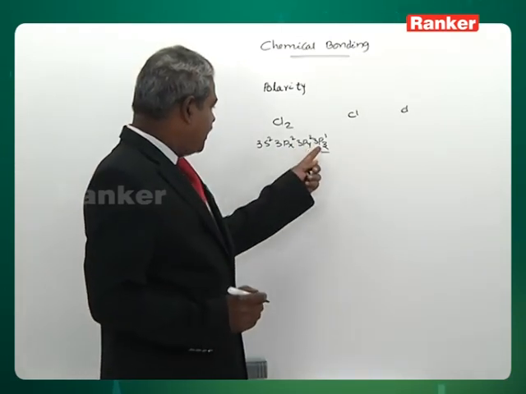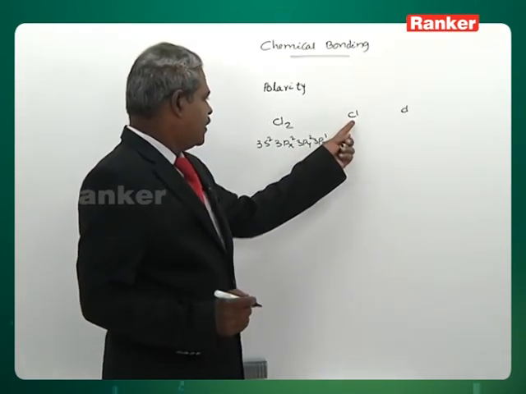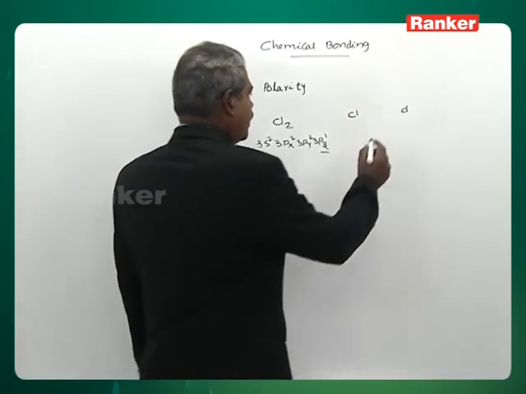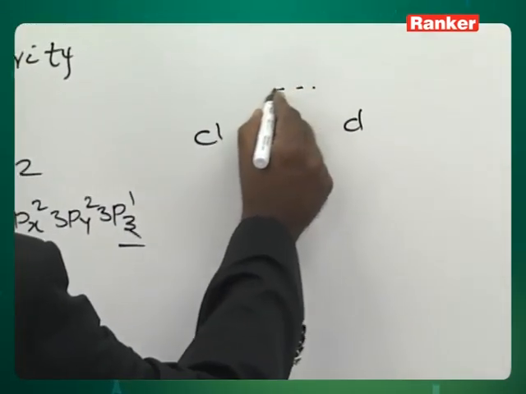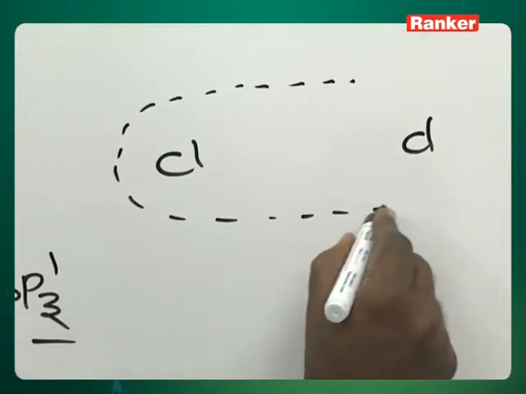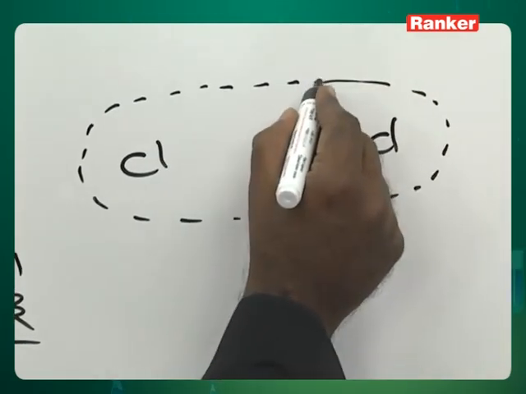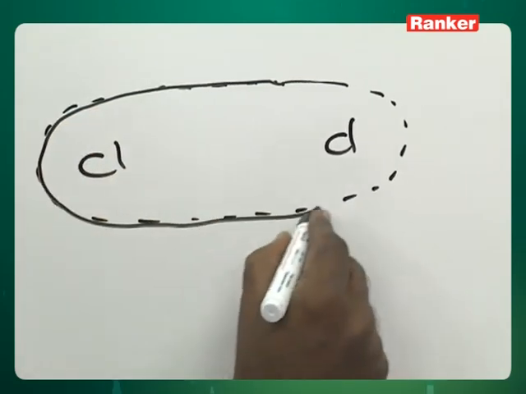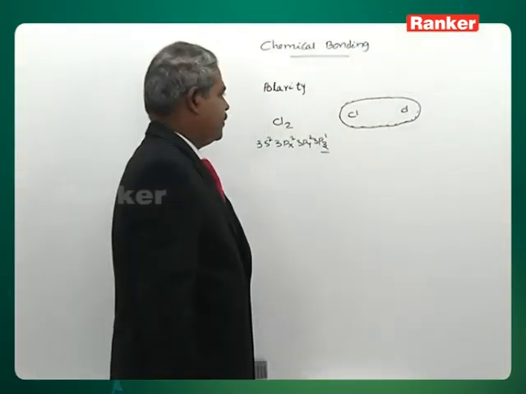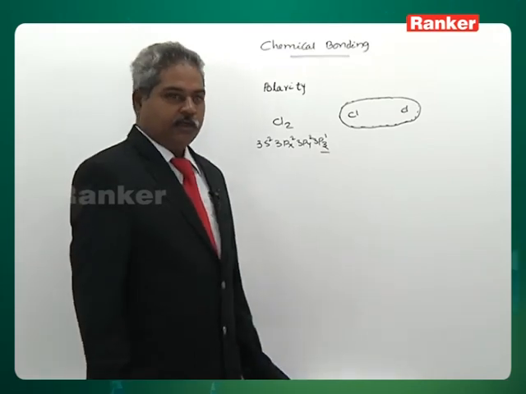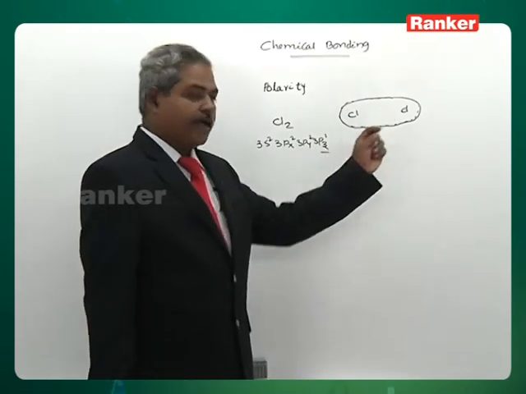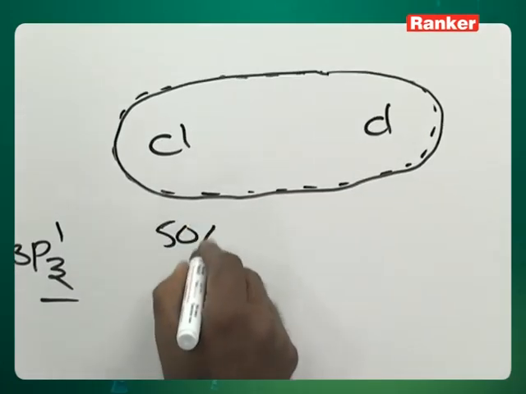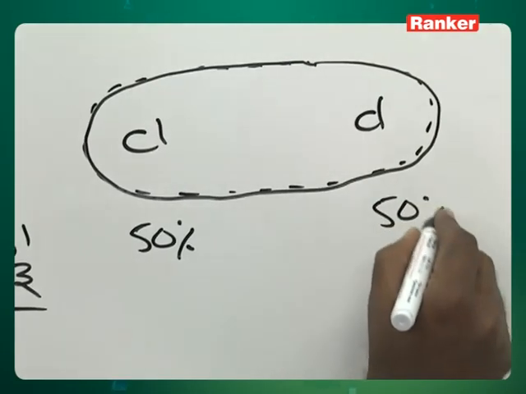That is the 17th electron of this chlorine atom and the 17th electron of that chlorine atom. So, the electrons will be revolving around both the nuclei. Look at the movement of my hand. They are moving uniformly, in the sense they are spending equal amount of time around both the nuclei. That is 50% of the time here and 50% of the time here.